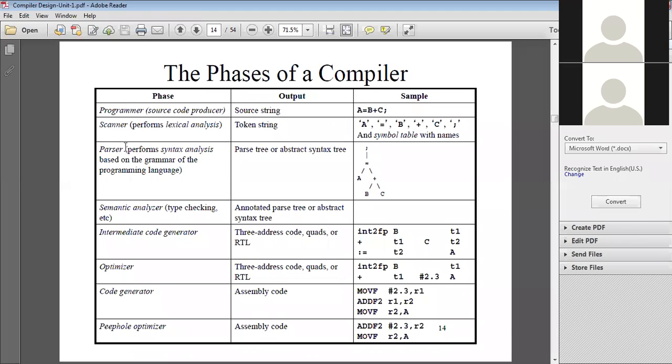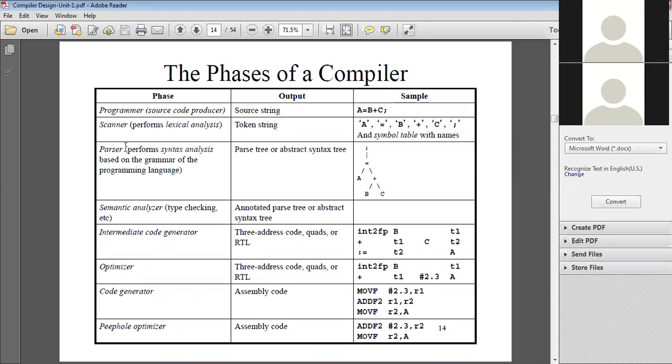The scanner performs lexical analysis. Analysis again contains a number of stages. The first stage is called lexical analysis. Lexical analysis means it scans your string in the form of different tokens. Here you are using A is equal to B plus C. So A, the equal sign, then B, operator plus, and then again C. These are called the different tokens.